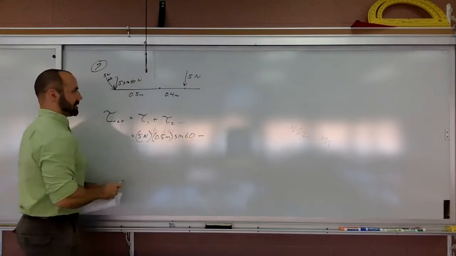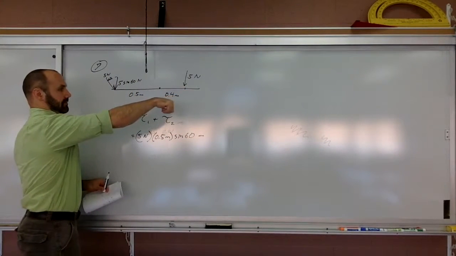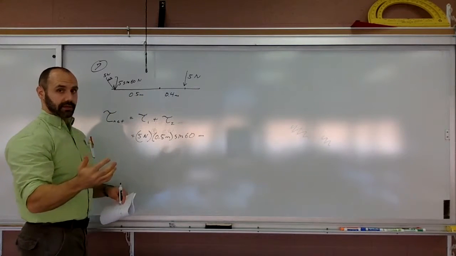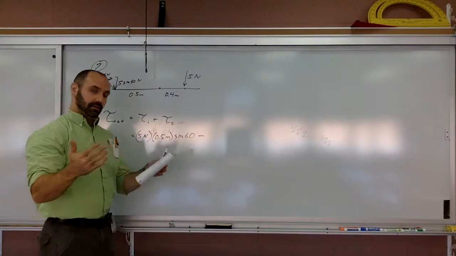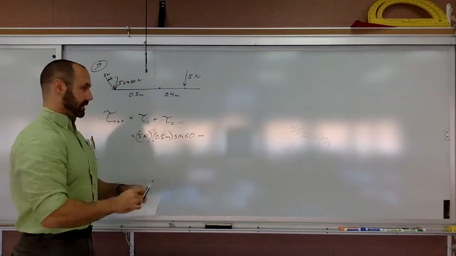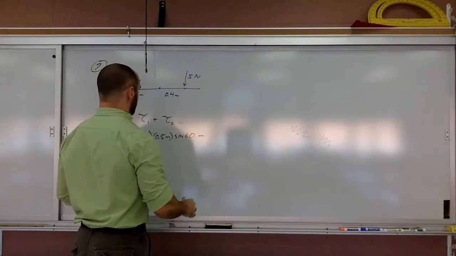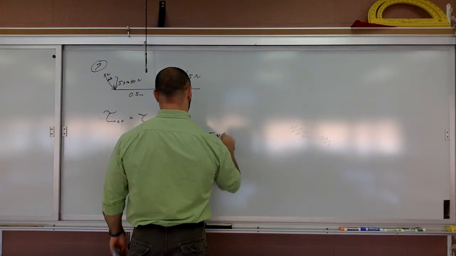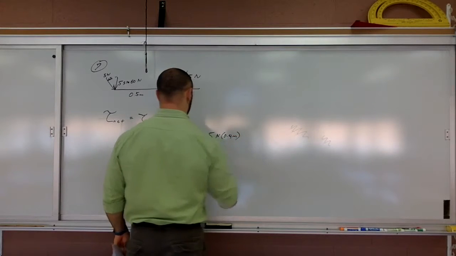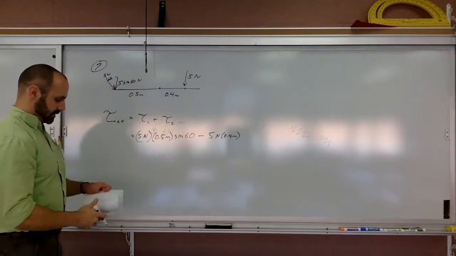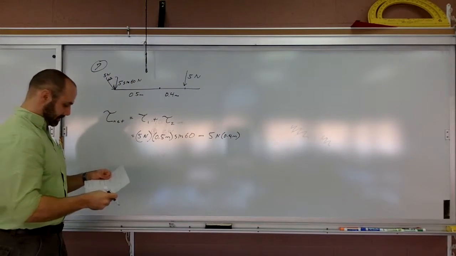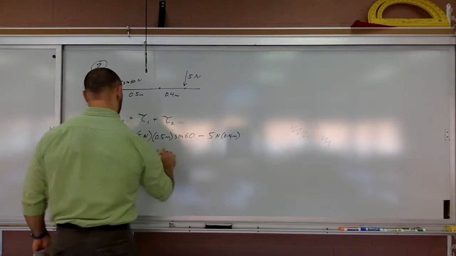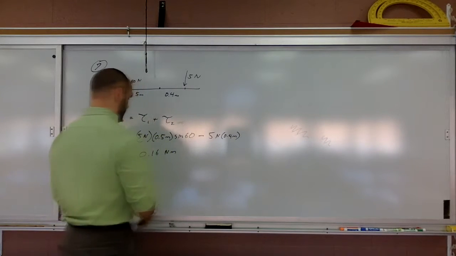And then minus, I'm saying minus because this is R cross F, and I'm seeing this is clockwise, which is the negative direction. And so just like with linear vectors, with these I have to include the negatives to see how it all works out. And so this is going to be 5 newtons times 0.4 meters. Okay, and then you do that calculation, and you end up with 0.16 Newton meters.